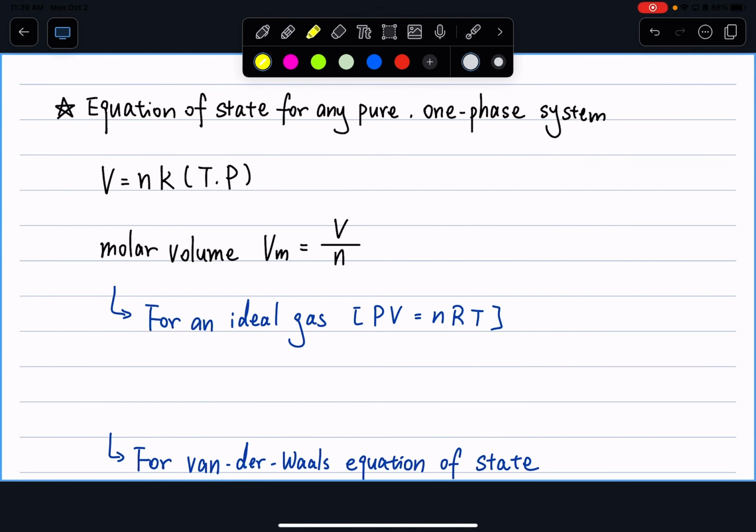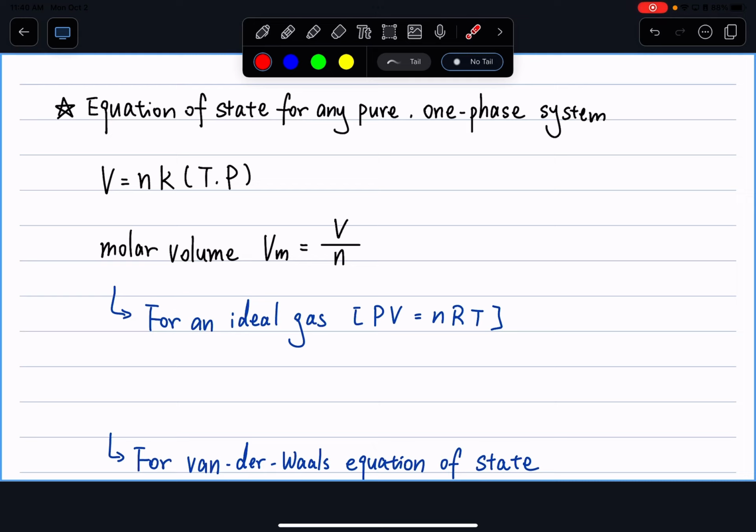Now this one is just what we said: the equation of state of any pure one-phase system has a relationship where you can take the number of moles out, because volume is an extensive property. For anything that's a pure one-phase system, the volume is just proportional to your number of moles.